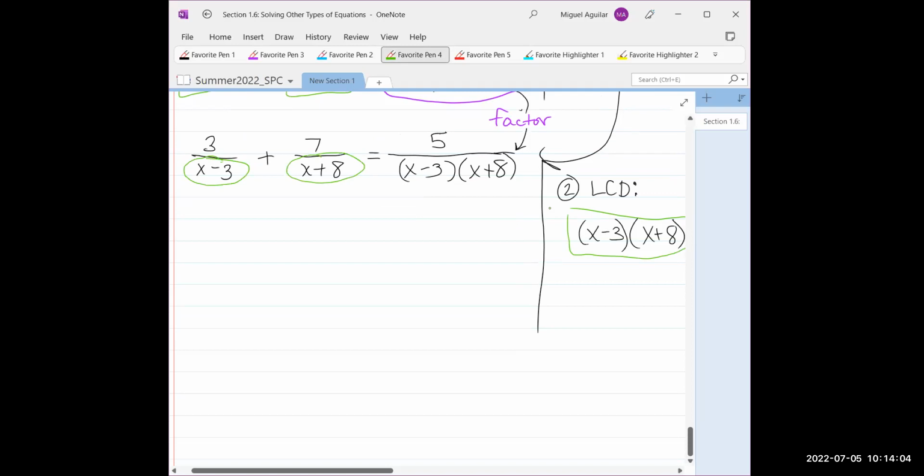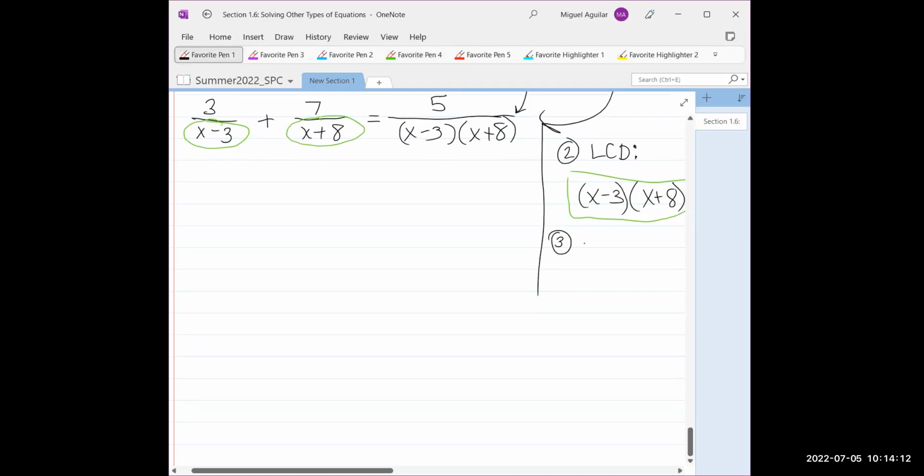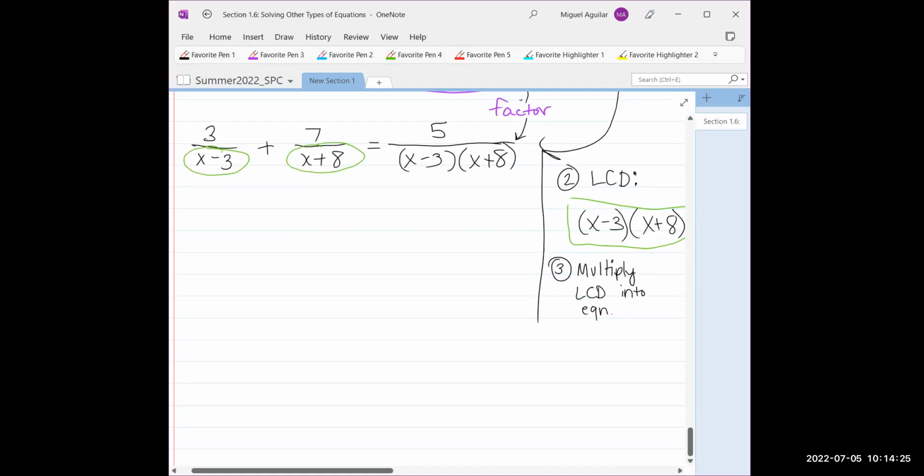Now, once we have the LCD, what was the third step? Take a look at your last problem. Multiply the LCD into the equation. Yeah, we're going to multiply the LCD into the equation, so we need to multiply it by each of the terms that we have.